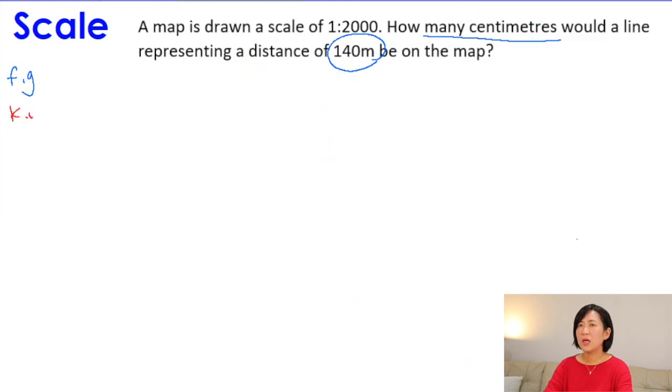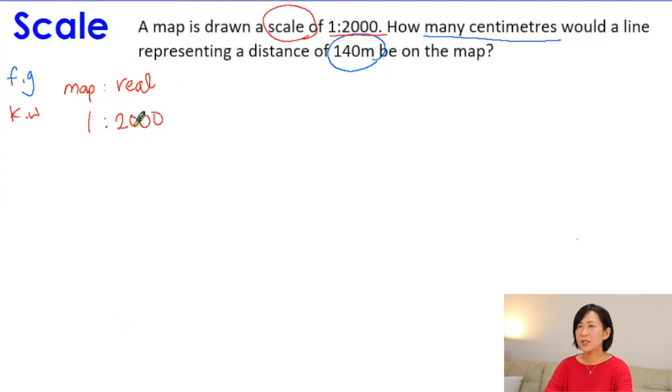Our keyword is the map scale, that is 1 centimeter on the map represents 2000 centimeters on the ground. So we can write the ratio of map to real as 1 to 2000.